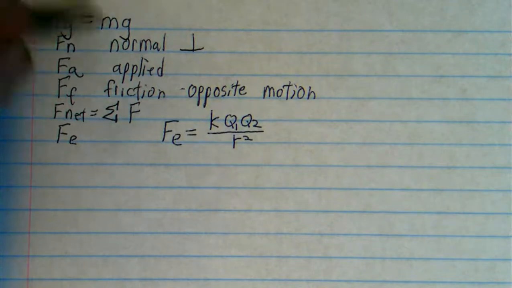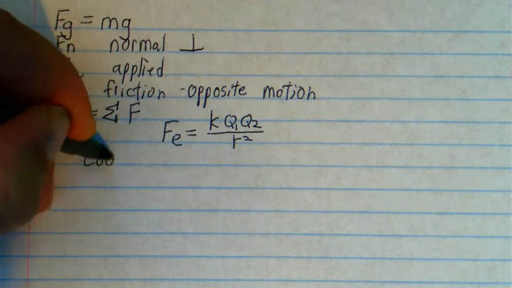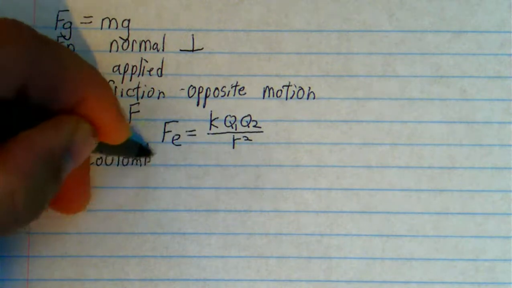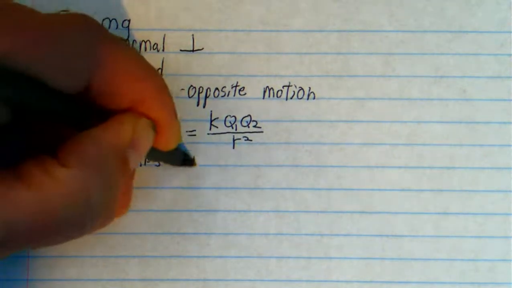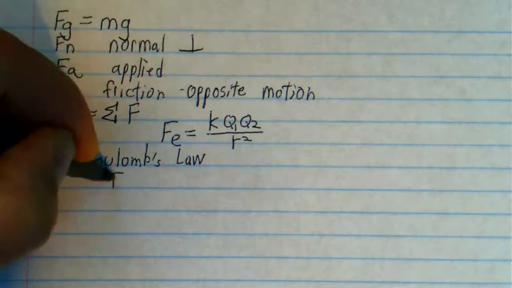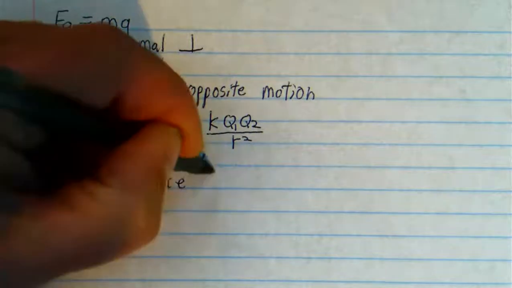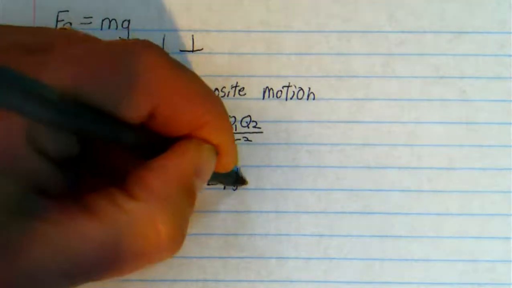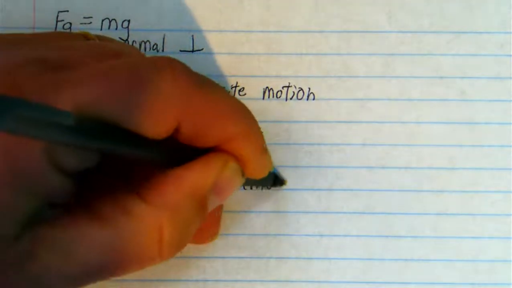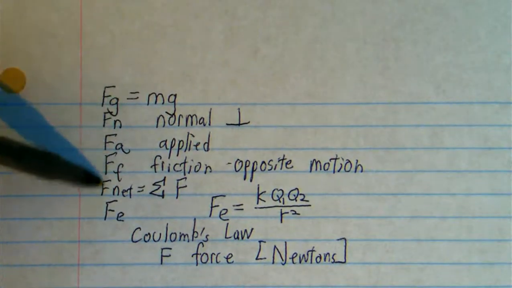online. So I'm going to dump this on you and call this is called Coulomb's law. So it has a name. F is force, and its units are newtons, just like all the other forces are always in newtons.